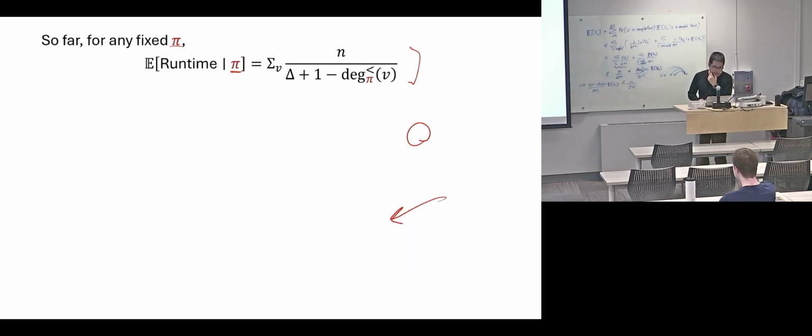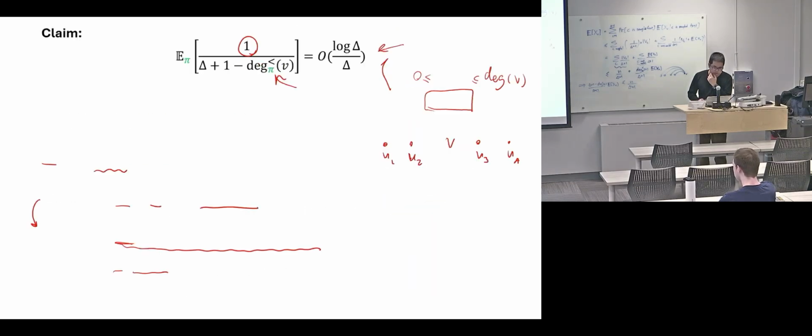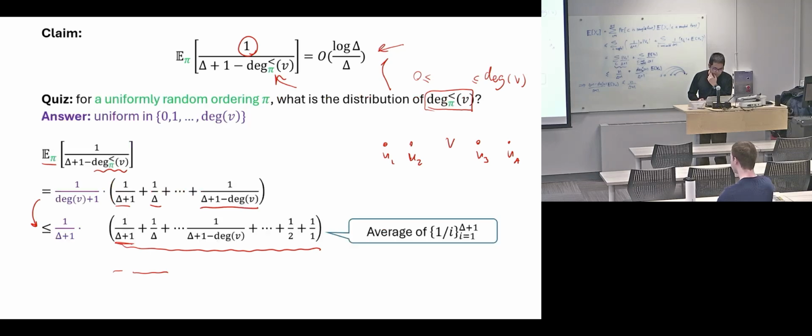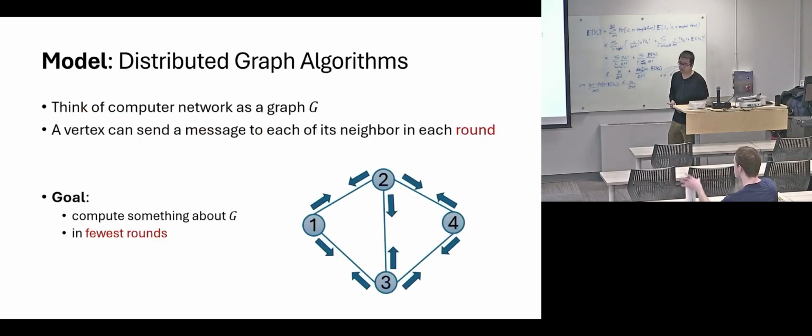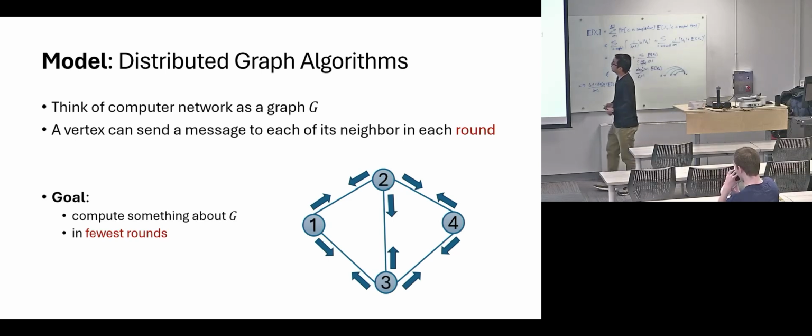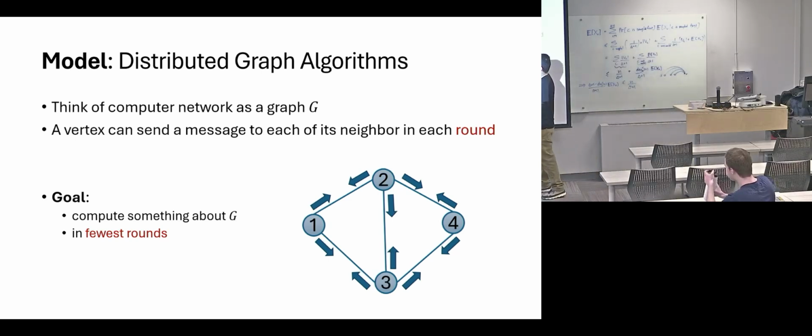Okay, so now I will talk about something new, which is distributed algorithms, which is another kind of sublinear time. Let me talk about the model. Think of computer networks, and you can model a network as a graph. Each node here is a computer, and each edge is some cable connecting them to each other.